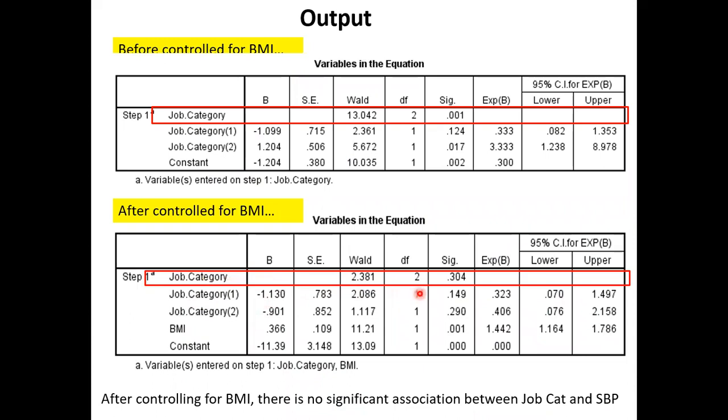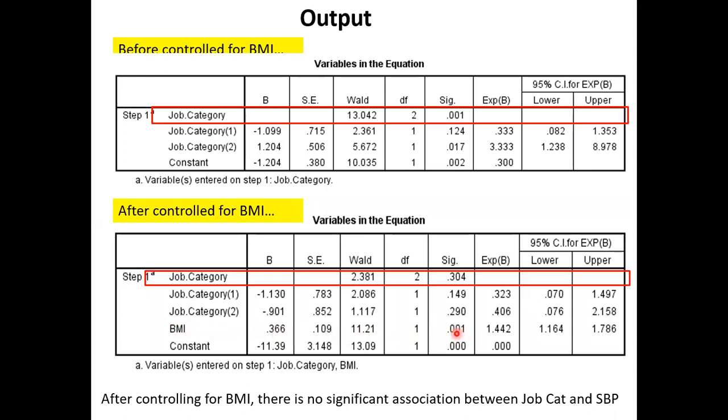Job category, is this significant? No. So category 1 refers to? Job category 1 refers to? We don't know yet, okay? Must check. I'm just showing that job category is no more significant. Is BMI significant?